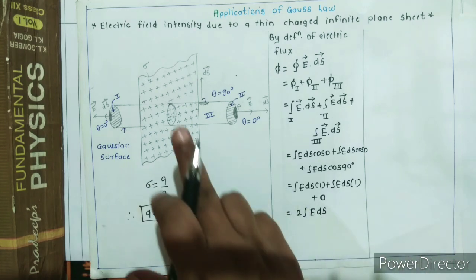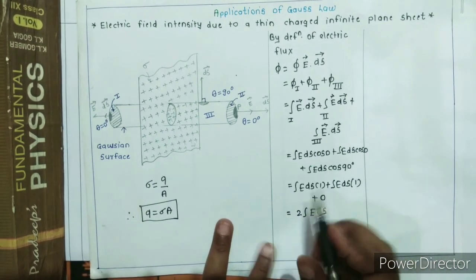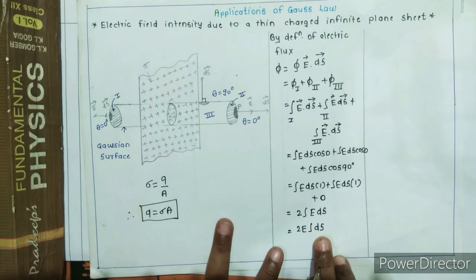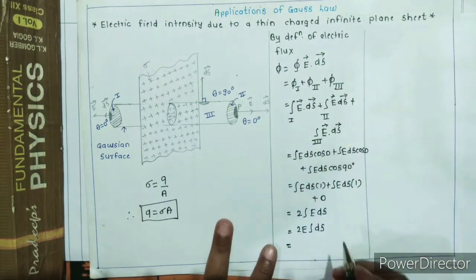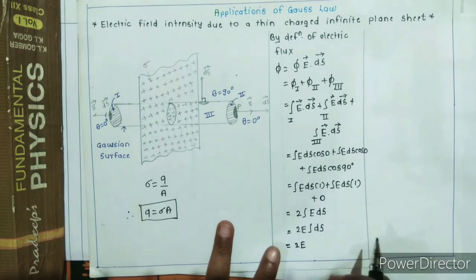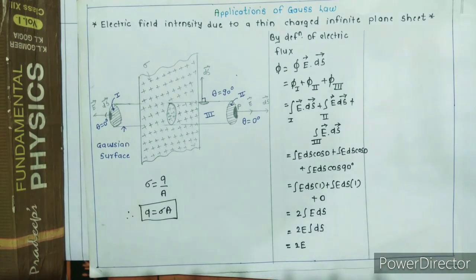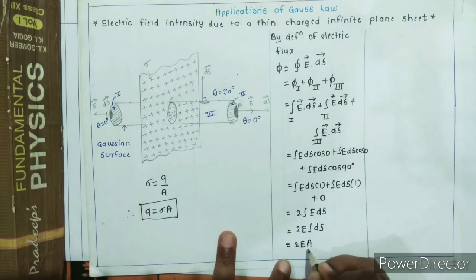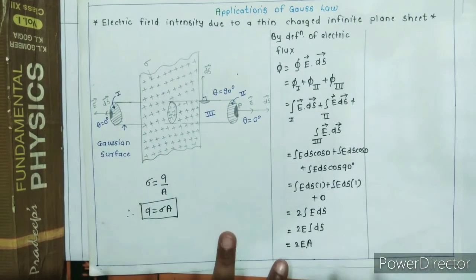As we know the value of E is constant, so I can write 2E integration over a small surface, that is ds. What is the meaning of ds? That is the integration of the small surface area, so that is the total surface area of the cylinder. So I can write here A, total surface area of the cylinder.